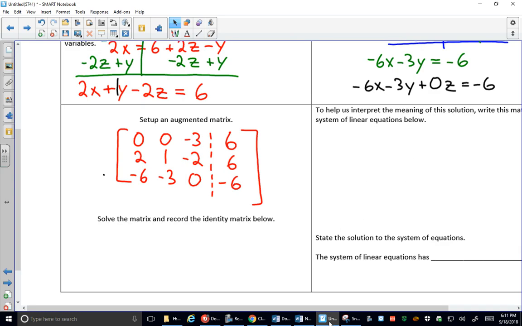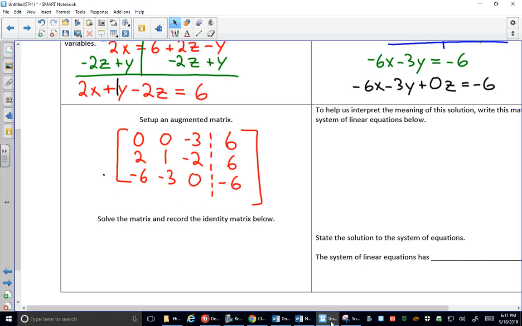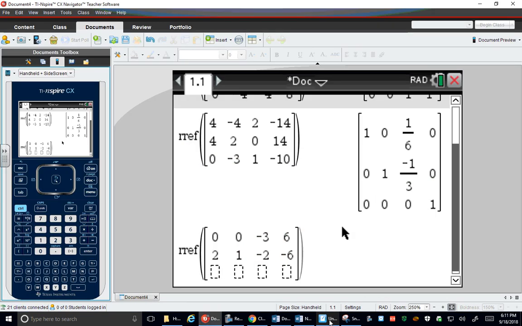Okay, good. The next line, 2, 1, negative 2, and 6. So tab, 2, 1, negative 2, and 6. Oh, I think it was negative 6, but let's go double check. 2, 1, negative 2. Oh, it was positive 6 on this one and negative 6 on the bottom one.